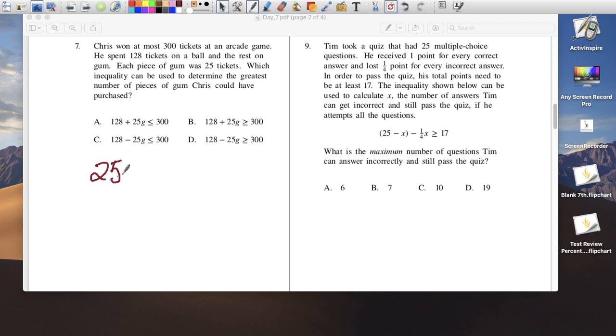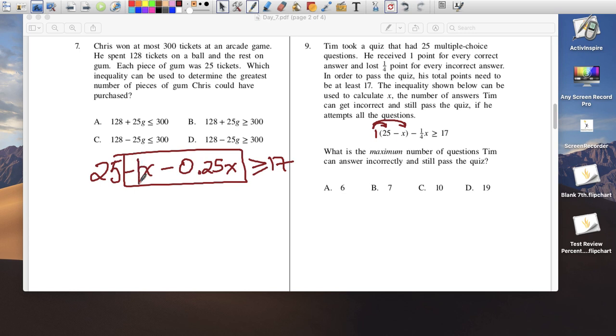So 25 minus X, and I'm going to put a little 1 here. And if you distribute properly, 1 times 25 is 25, 1 times minus X is minus X. So that removes the parentheses. Minus, instead of 1/4 X, I'm going to write 0.25X. Makes life a little bit easier. And all that has to be greater than or equal to 17. I can combine like terms, which is these two guys over here.